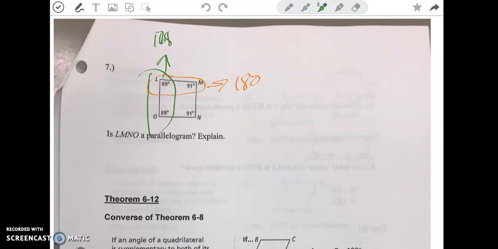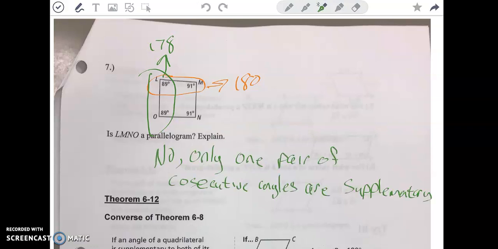Not 168, 178. So that is not supplementary. So these aren't supplementary, therefore this is not a parallelogram. The reason was because only one pair of consecutive angles is supplementary, not both pairs, not on both sides.